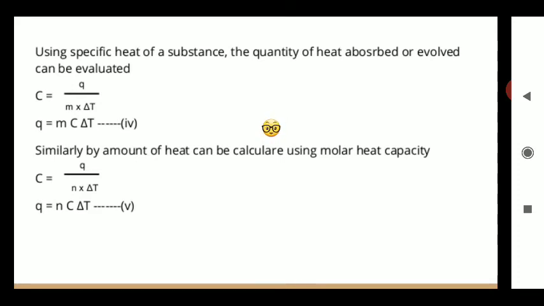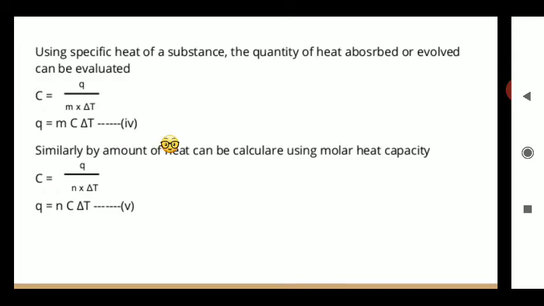So we can say, on the basis of these two observations, the value of Cp is always greater than Cv. The Cp is always greater than Cv, but up to what extent?